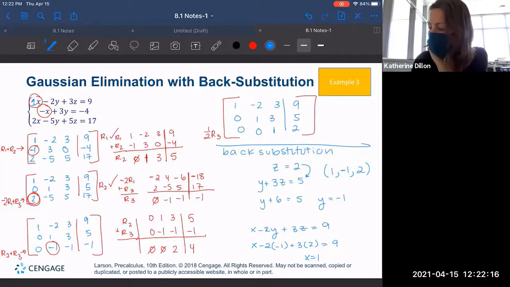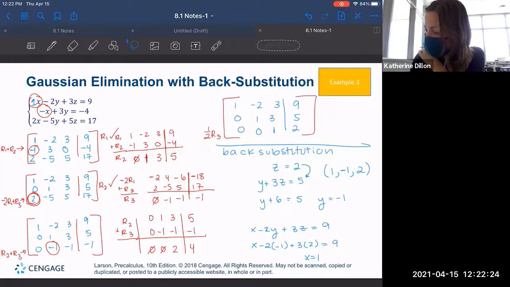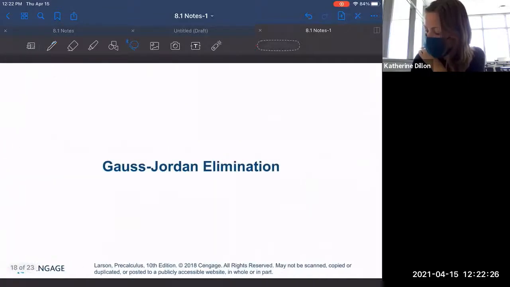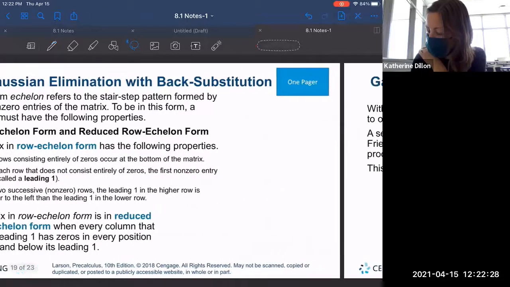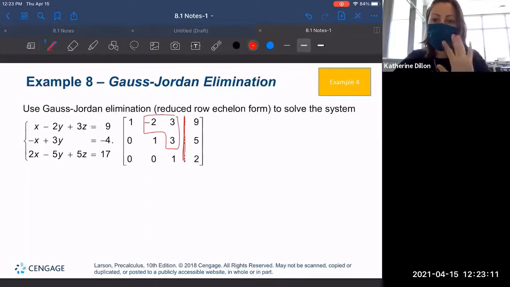Okay. I'm going to move on, but what we're doing, I'm just starting from this last matrix we have. So I'm going to copy and then paste. This is the same one we found. So now our goal is to get these 3 zeros. We want to eliminate those 3.